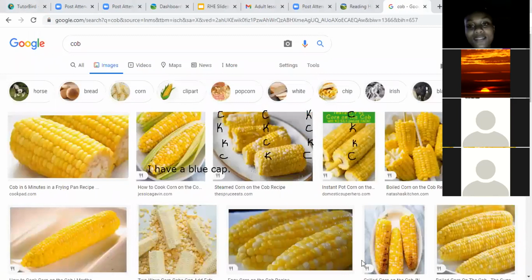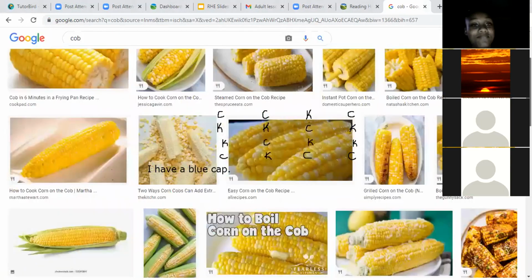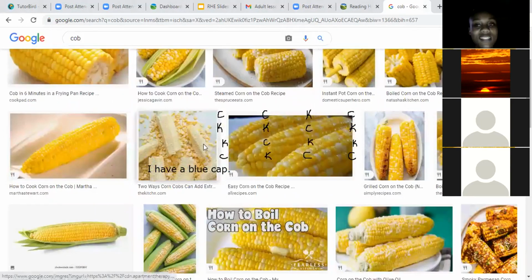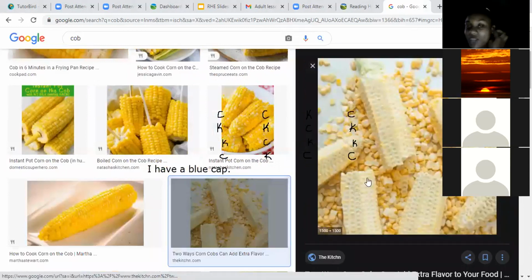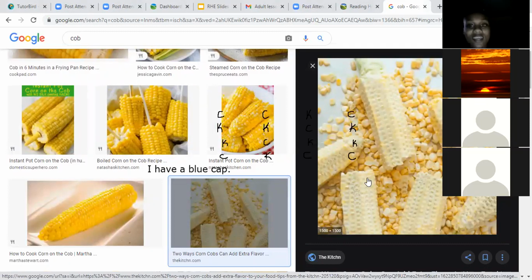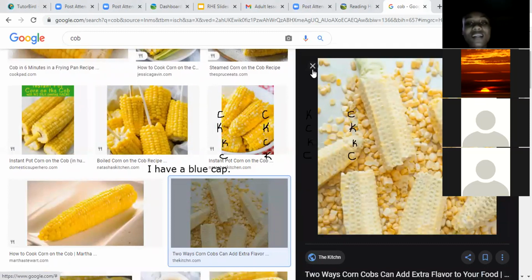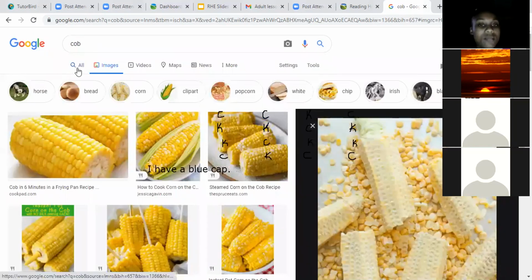You ever hear about corn on the cob? Also the white part is the cob. Yes, so the part where, when you eat the corn, you eat off the corn. So that's the cob. Let me see if it has another meaning though.